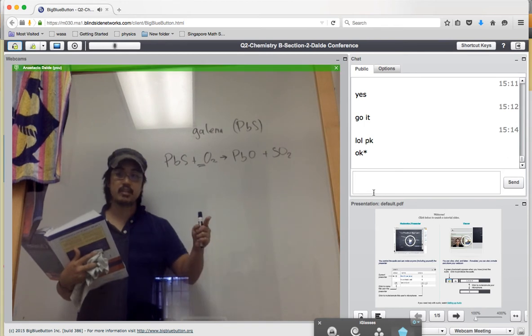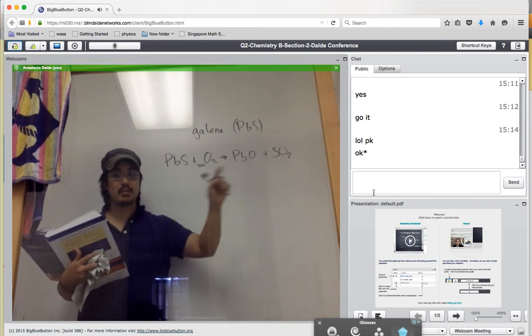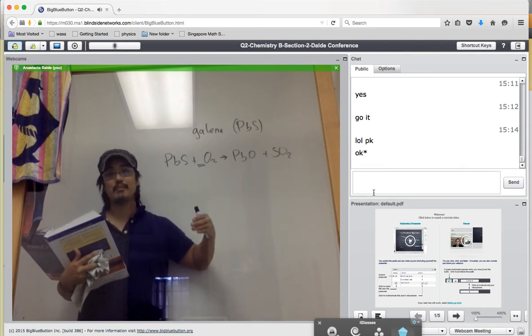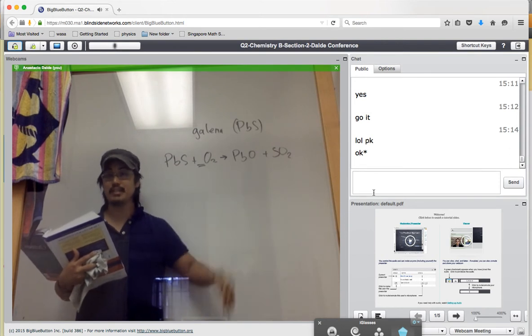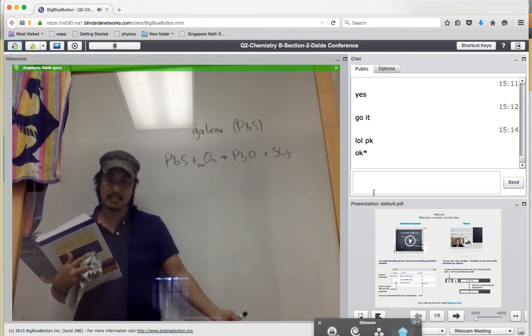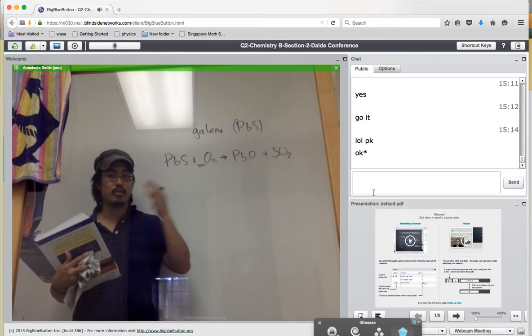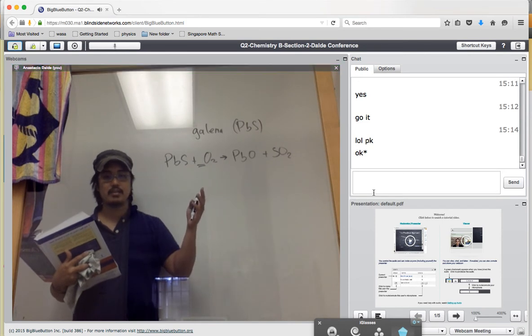Why did I choose 6? Because this one has 3 and this one has 2, and 6 is the smallest number that both 3 and 2 go into. Does that make sense? So what would I have to multiply the left side by in order to have 6 oxygens?